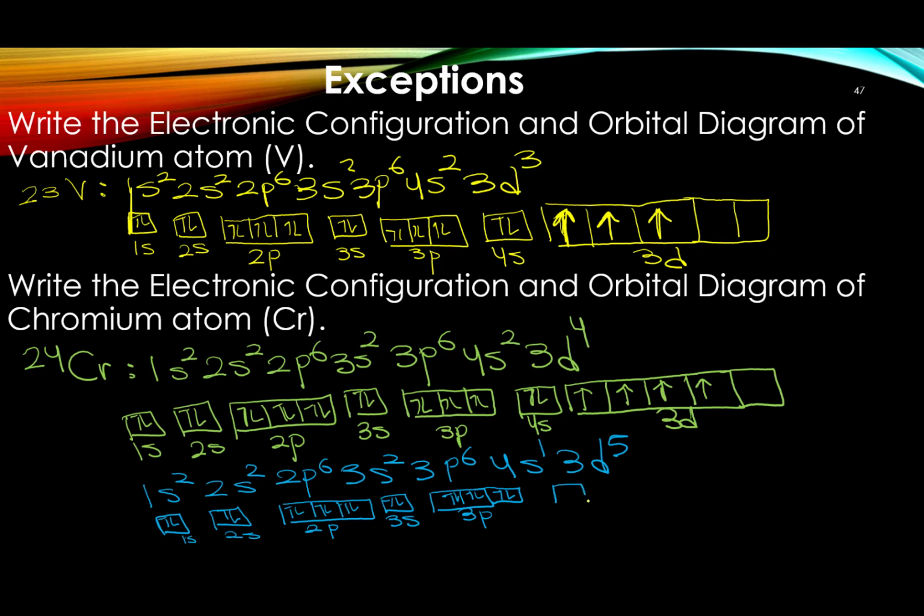Now we have 4s1, and we have 3d5. Okay, 1, 2, 3, 4.